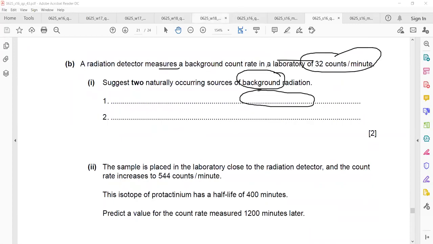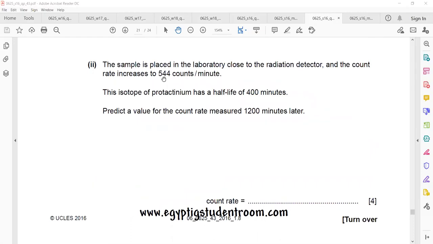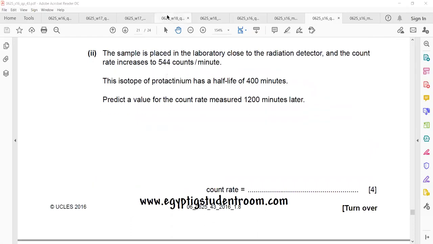The radiation detector measured 32. So 32 are the background radiation, and the total reading on the detector is 544. So the detector reading is equal to source plus background.